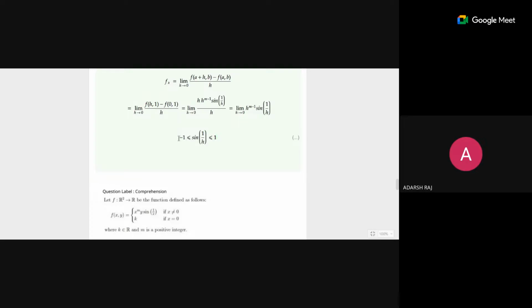And here we are using the sandwich theorem for finding the limit of this function as h tends to 0. So basically we want to convert this thing into this one. How do we convert this into this? Multiplying by h raised to the power m minus 1. If we multiply h raised to the power -1 and here also, we get this one, right?